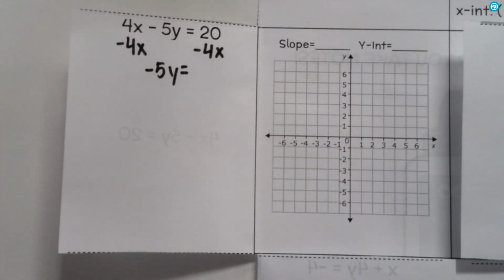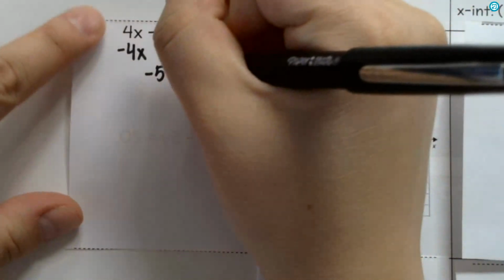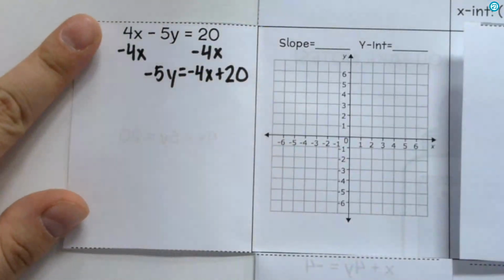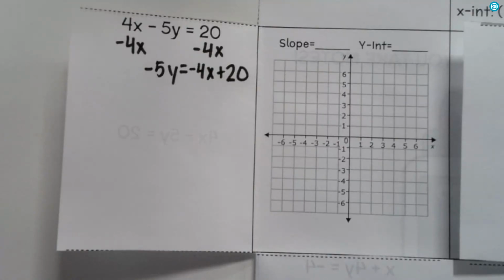But since I want this to be in y equals mx plus b form, instead of putting the x last, I'm going to actually put it first. So instead of writing 20 minus 4x, I'm going to write minus 4x plus 20. I'm always going to put it in that order, because that's always the order that I'm going to want it to be in a moment.